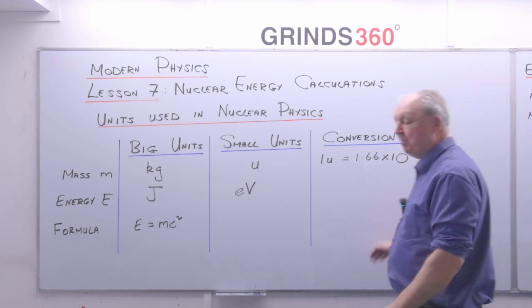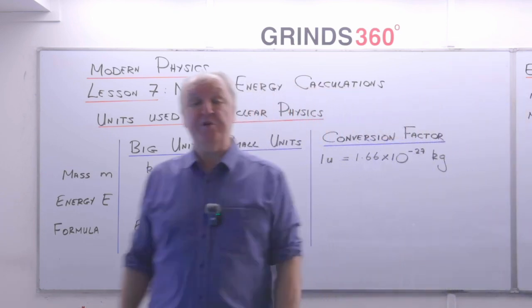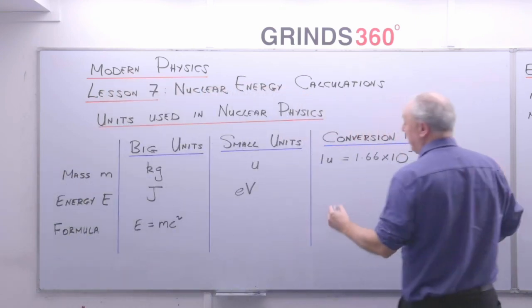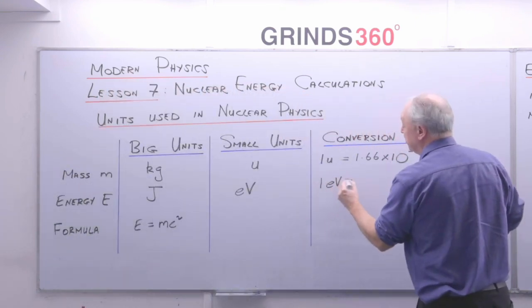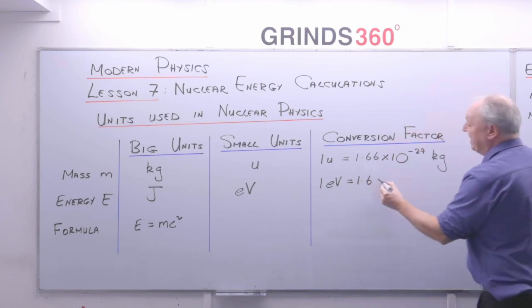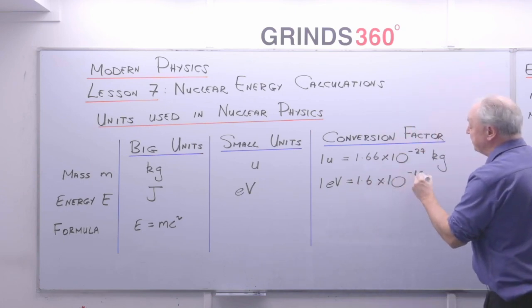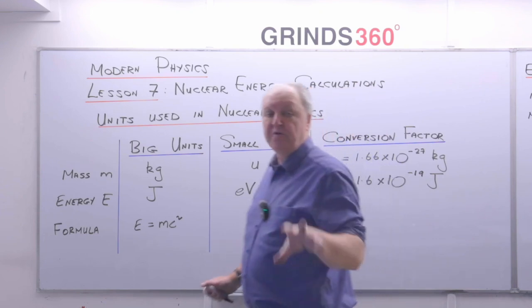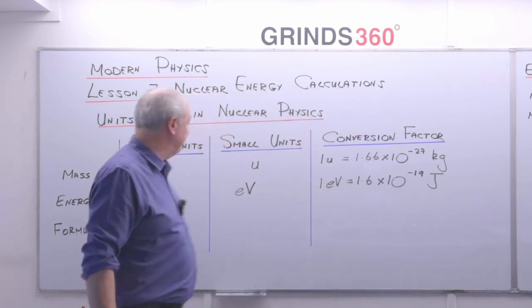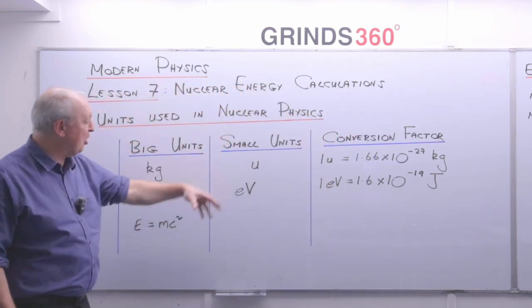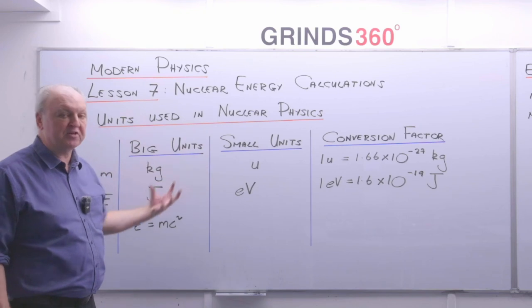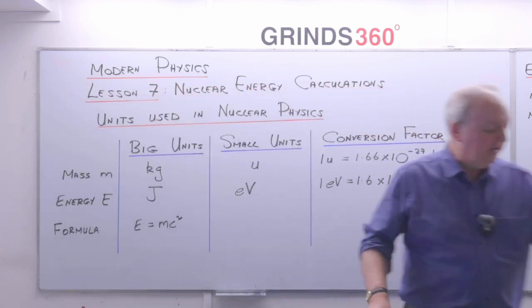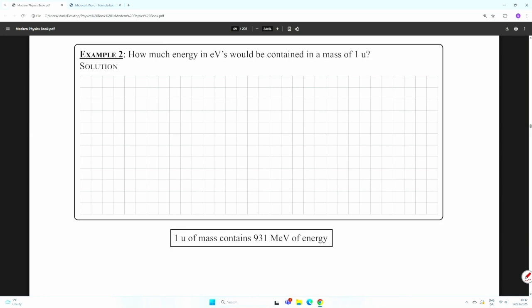I've rounded that up a fair bit from the number that's in your table book. And 1 electron volt is 1.6 by 10 to the power of minus 19 joules. So those conversion factors will allow you to convert from the small units to the big units, and vice versa. You'll find those conversion factors where all your constants are.